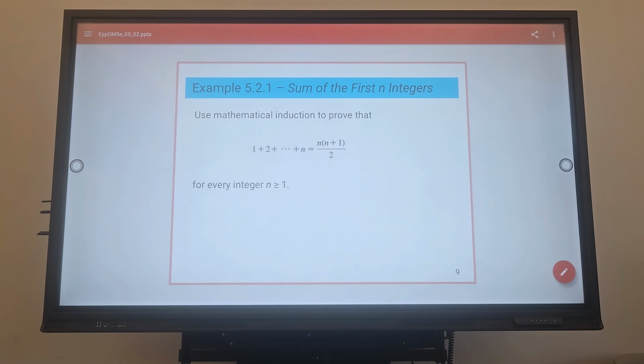So use mathematical induction to prove that 1 plus 2 plus 3 plus 4, etc., up to n equals n times n plus 1 all over 2, for every integer n greater than or equal to 1.